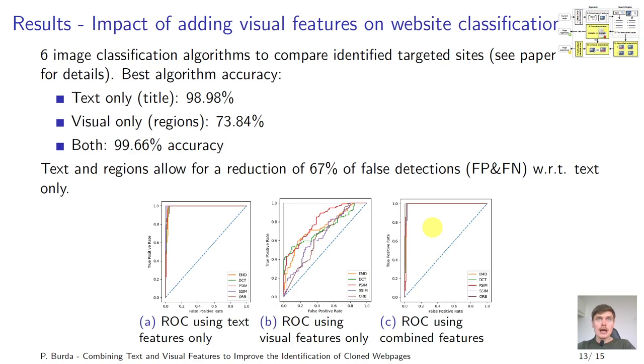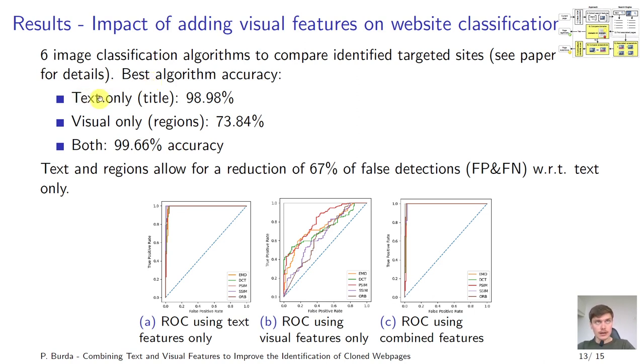For more details on the different strategies, you can check out the paper. After this identification of targets, we also evaluated the impact of adding visual features to classify websites as phishing or not. To do that, for image comparison, we used 6 different algorithms, for which you can see the details in the paper. The best one performed as follows.